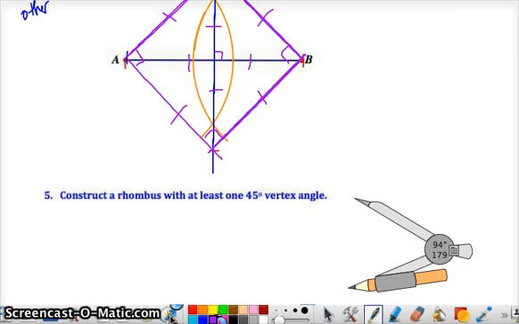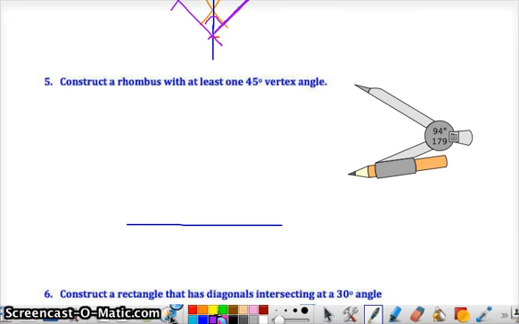Okay, this next one, construct a rhombus with at least one 45-degree angle. Well, in order to get a 45-degree angle, we first have to construct a perpendicular, right, to get our 90 degrees, and we bisect it. After we bisect it, we make sure all four sides are the same length. So go ahead and try that.